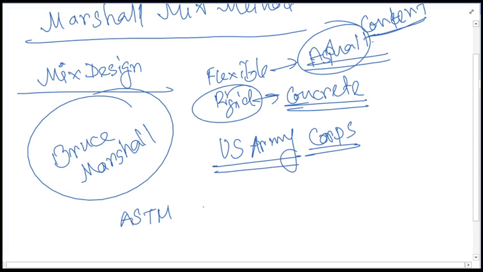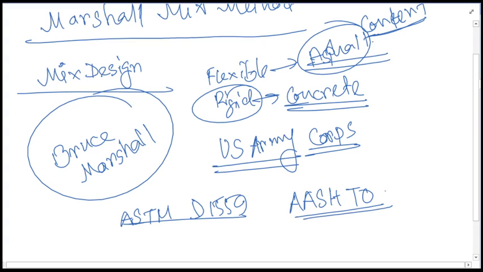If I say it is designated as T1559, and according to AASHTO, as it is related to state and highway departments as well, it is also guided in AASHTO as T245. So both of these designate the same test. Anyone can be used for consideration as reference.